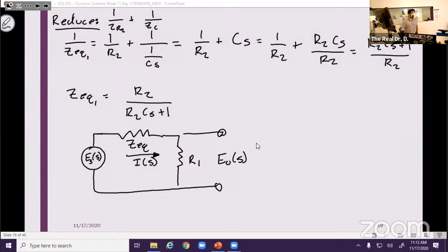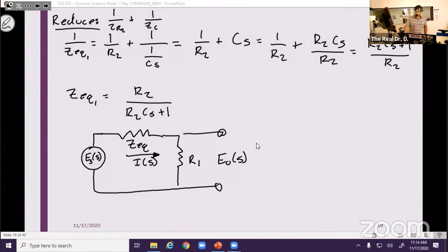So now all of these things have the same current that go through them, right? And what was the rule for adding impedances in series, right? Well, they needed to have the same current going through them. So we could reduce this one more time, right? But we're actually not going to yet.